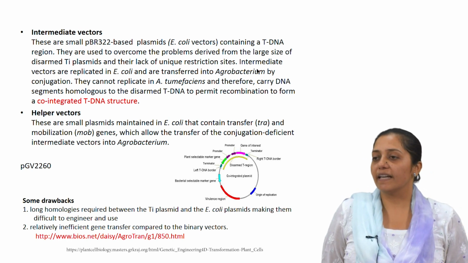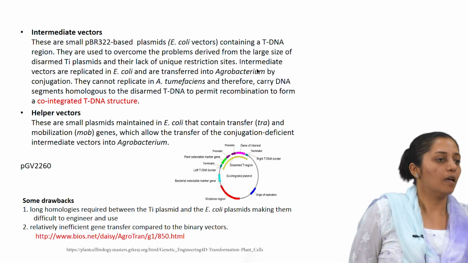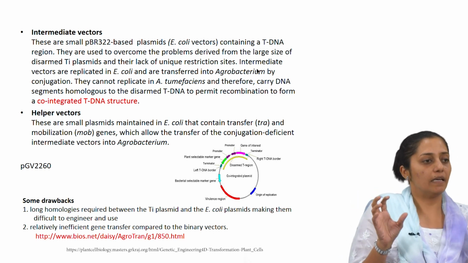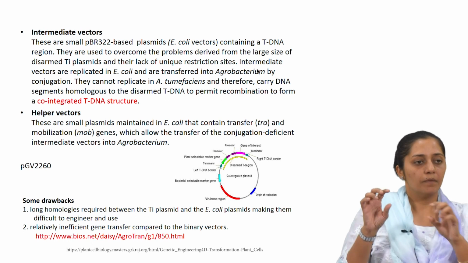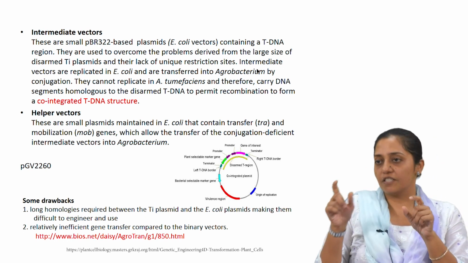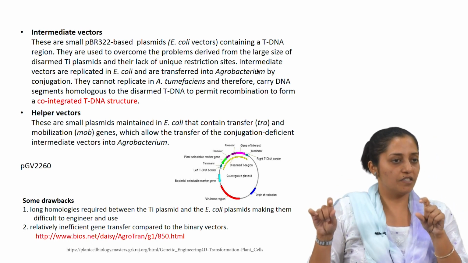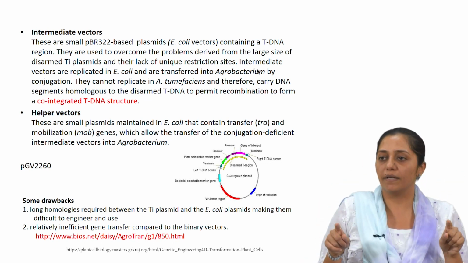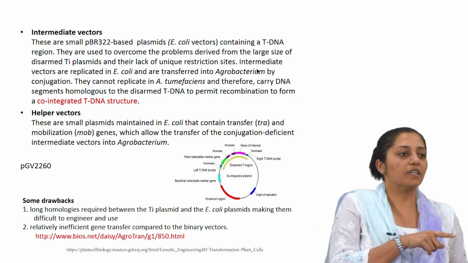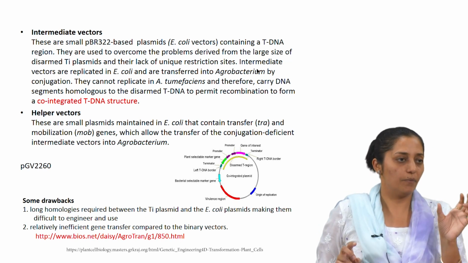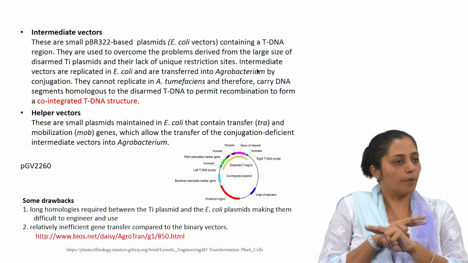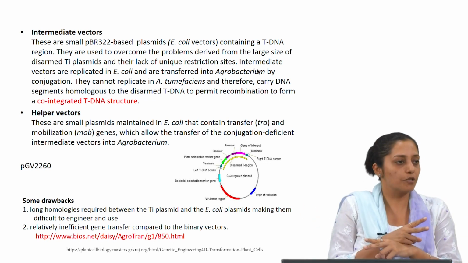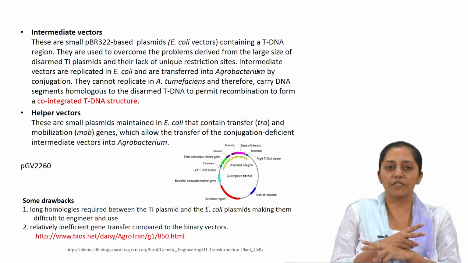Now, co-integrative vectors: sometimes there is homologous recombination. In the Agrobacterium, some of the T-DNA regions have been disarmed, but if there is a similarity between the remaining DNA and the DNA present in these vectors, then recombination takes place and there is an exchange of genetic material.